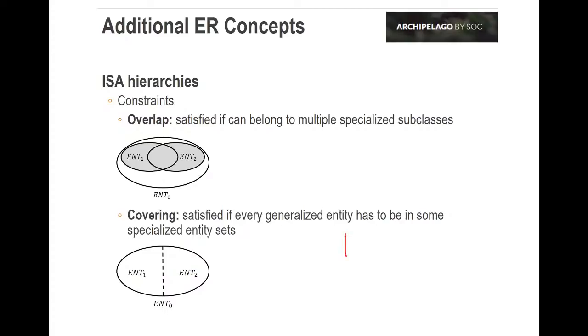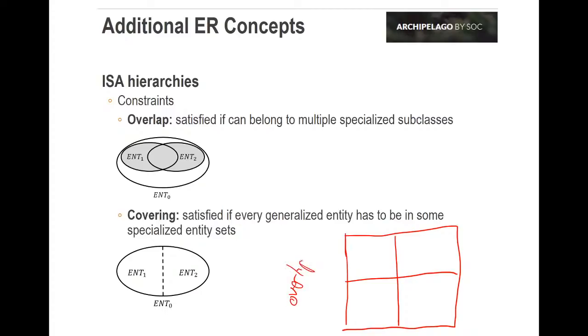So there are 4 sets of constraints. Does it satisfy overlap? Yes or no. Does it satisfy covering? Yes or no. So they can be yes-yes, yes-no, no-yes, and no-no.